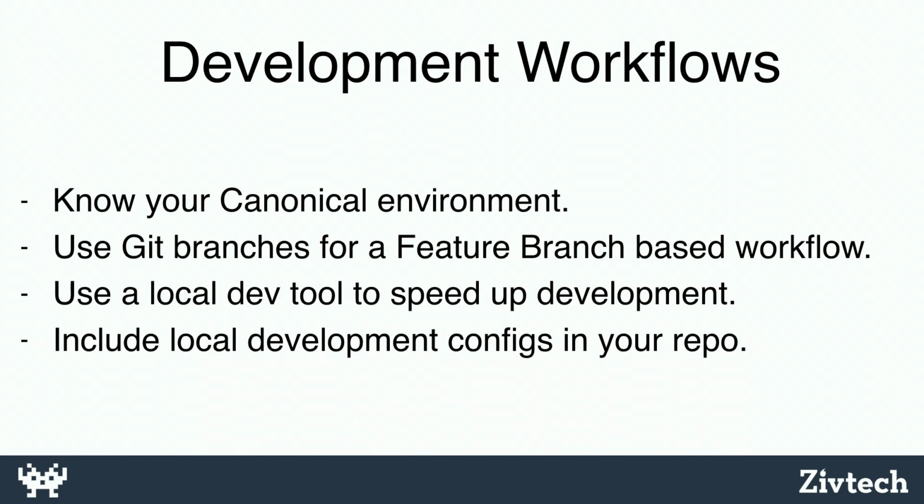We're going to include our local development config in the repo whenever possible. This is going to make it so that there's no guessing as to, when we pull down a new project, how do we set up the local environment, and how do we get to a point where we can develop that we know matches production as much as possible, without having to configure it every time.